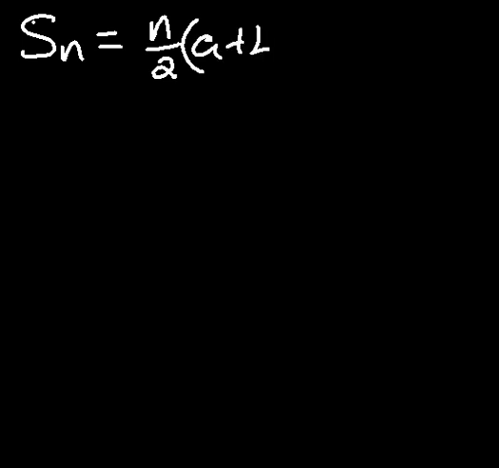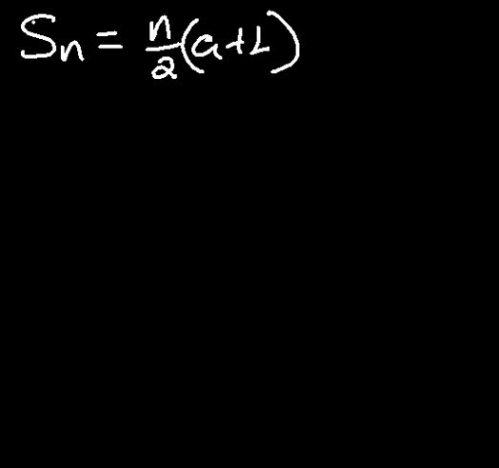So how can you find the sum of terms in an arithmetic progression series? We have two formulas that we use. The first formula: the sum of n terms in arithmetic progression is given as n over 2 times the first term plus the last term.